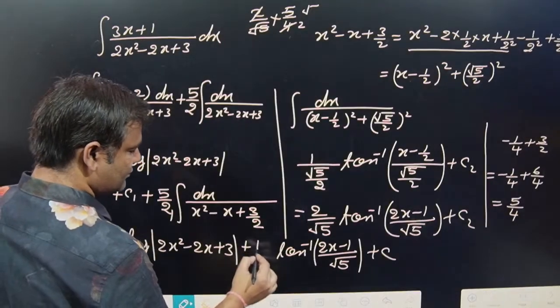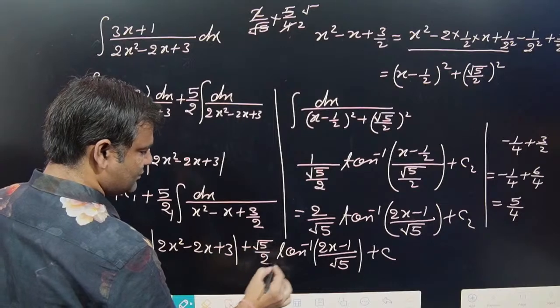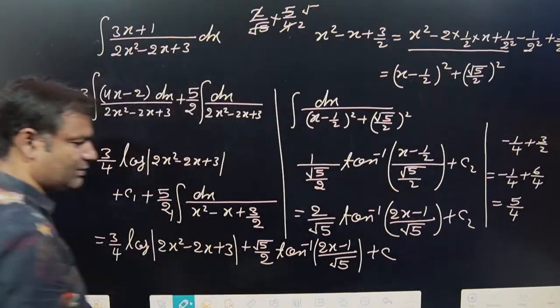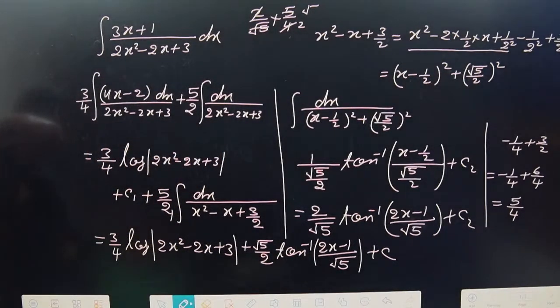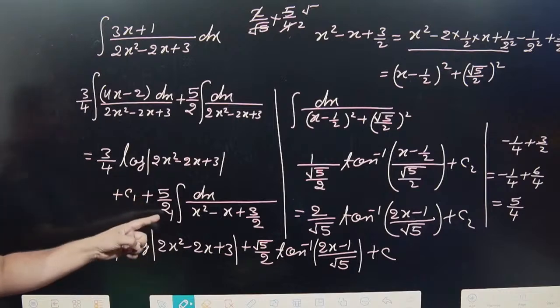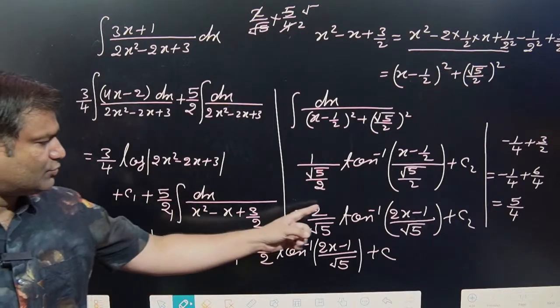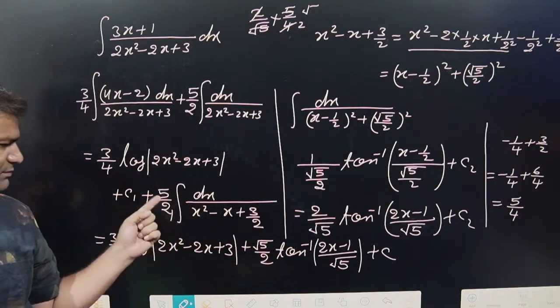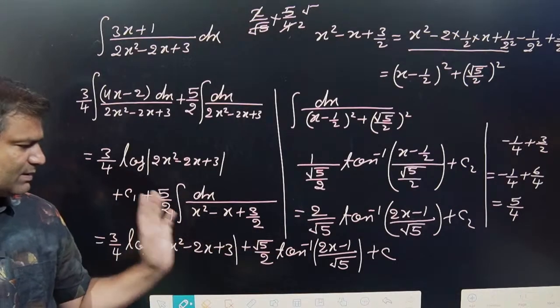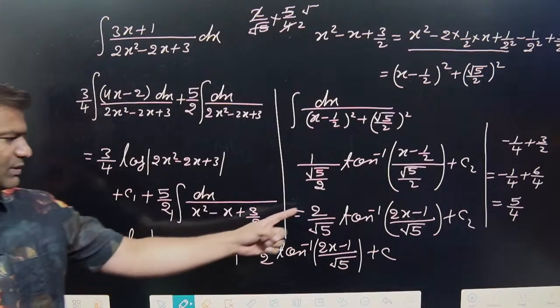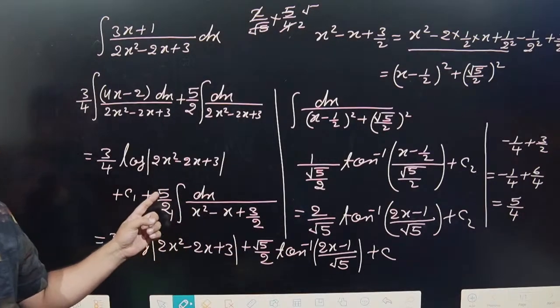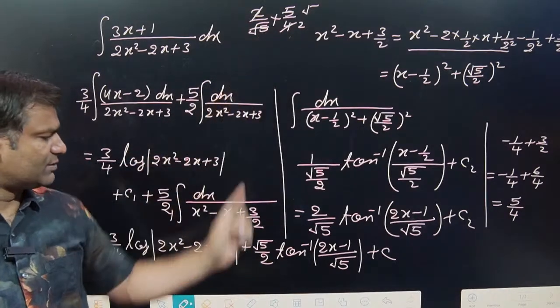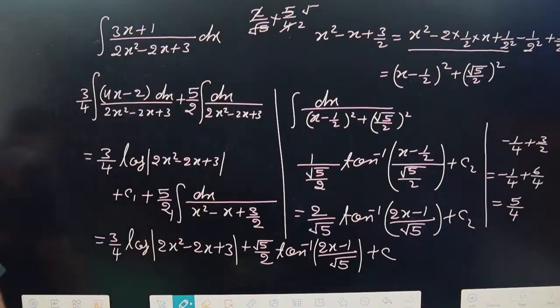Root 5 by 2 into tan inverse. Okay, final answer. 5 by 4 here, so 5 by 4 into 2 by root 5. If that value is put here, then it was a silly mistake, that is why the correction. 2 by root 5 into 5 by 4. After solving we got how much? Root 5 by 2. Okay, so this is the final answer.